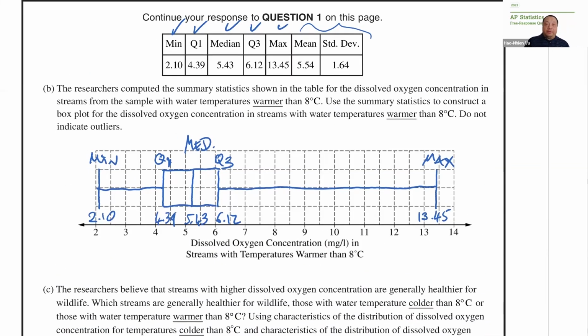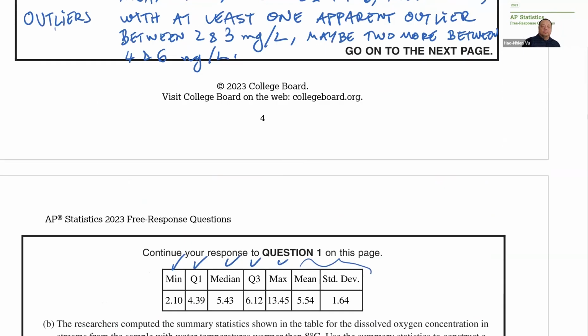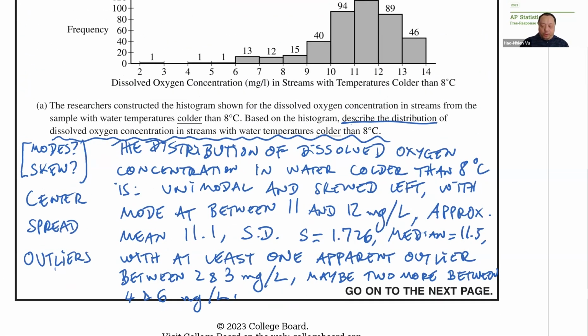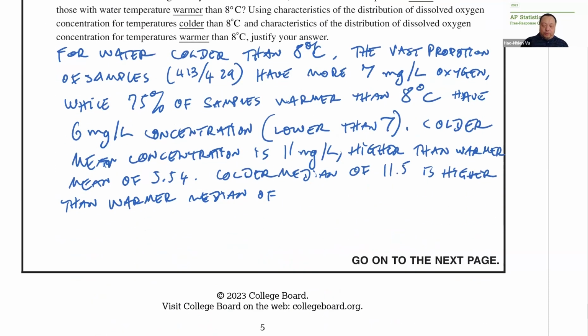Warmer mean of 5.54. Colder median of 11.5 is higher than warmer median of 5.43.